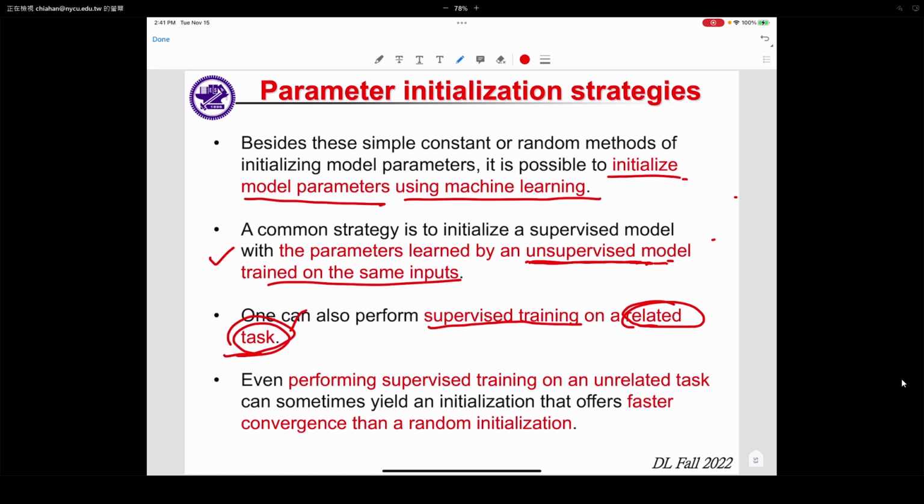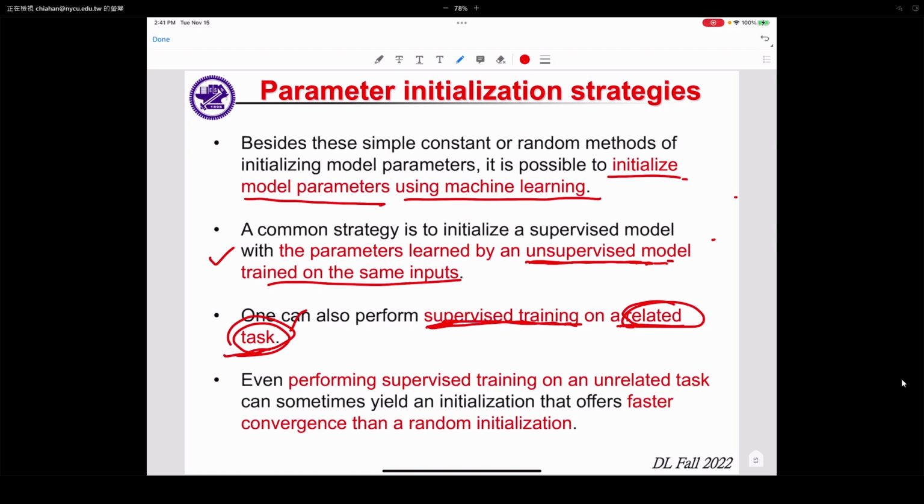Or you can use a model that your classmates or your roommate or lab mate have already trained. You can say, let me borrow the weights that you have already trained and use them as my initial weights. So this is like pre-training: initializing your model parameters using other supervised training on a related task.